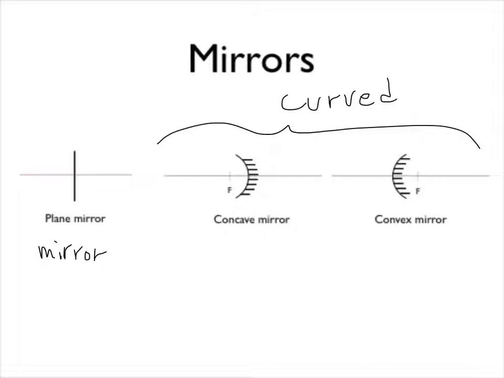Now, what I want to point out is the way that I draw mirrors. You can see the curve in our image here. These lines that are pointing out from the back indicate the back side. The lines are always on the back side of the mirror. In a concave mirror, we have a curved mirror, and this is the reflecting side.